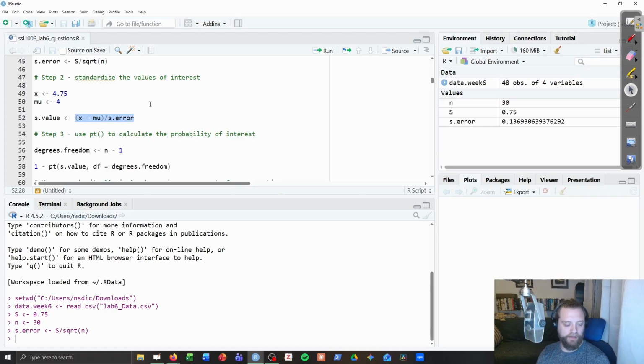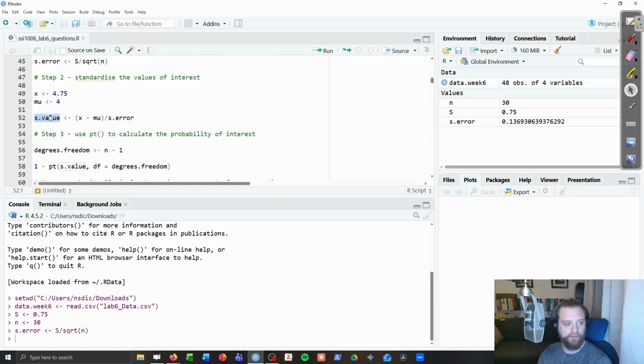Now here's the calculation. And you might notice from the previous lab, we did something similar. So we derived a z-score from our value of interest minus the mean divided by, in that case, the standard deviation. So what we've done here then is we've just replaced the standard deviation with the standard error.